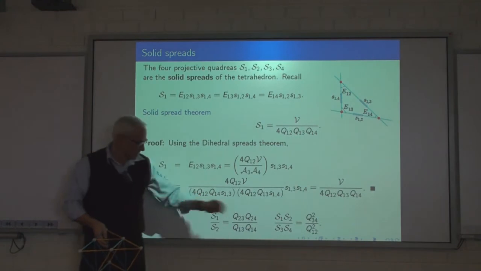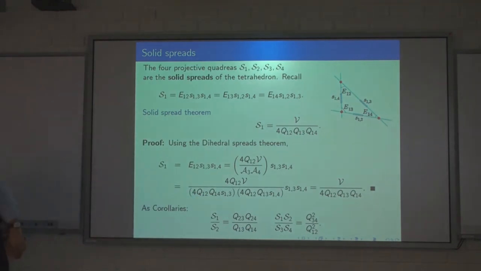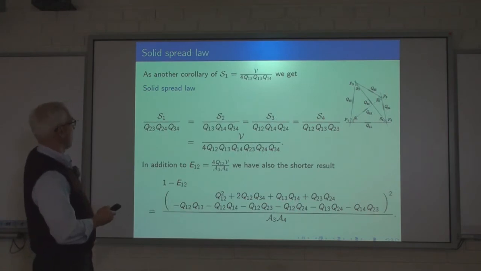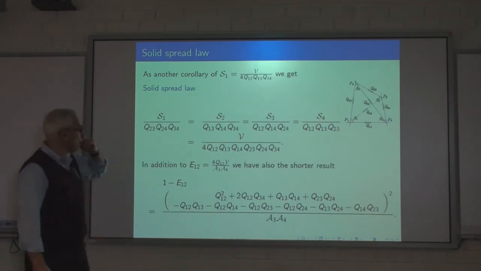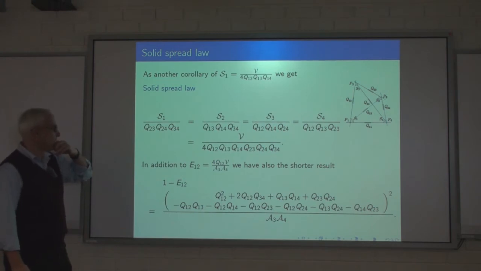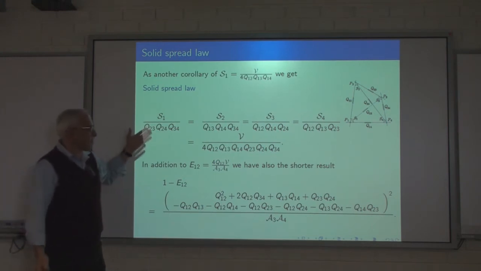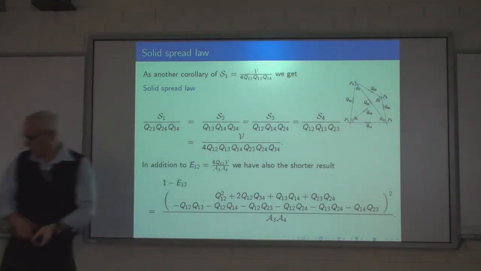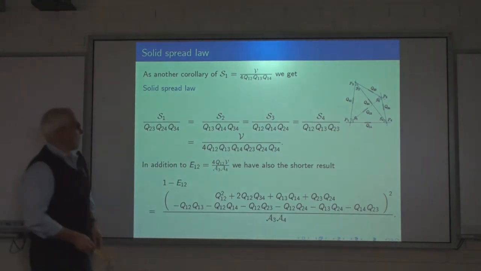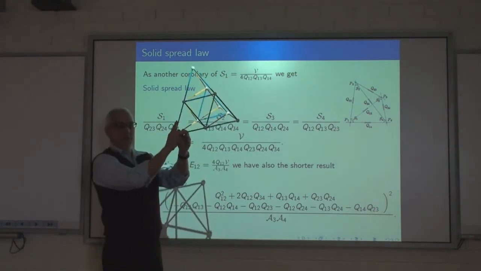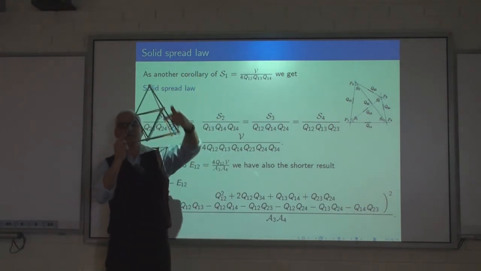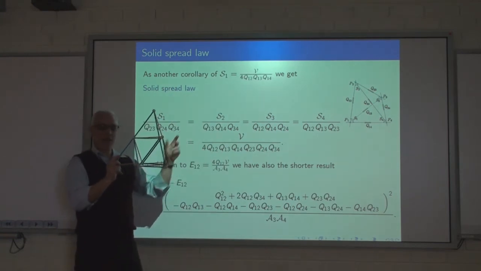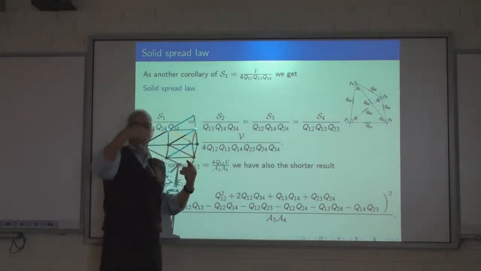And we get some additional pleasant formulas. And we get, as a consequence, a three-dimensional analog of the spread law, or the sine law, which says that if you take this solid spread and divide it by the product of these 3 quadrances, the product of the 3 opposite quadrances, then that's independent of the vertex you chose.